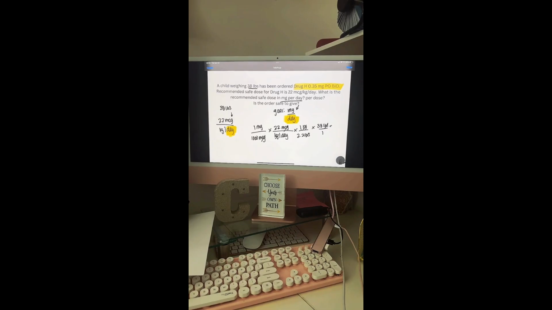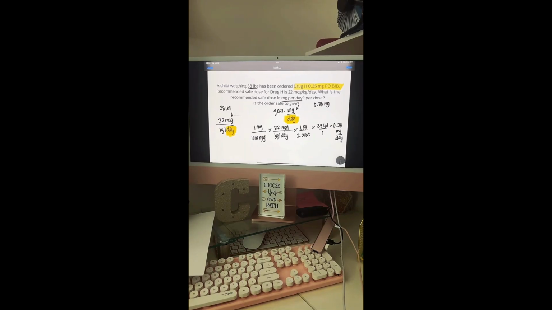So we'll do 22 times 38. Well, 22, that just didn't seem right. Times 38. Okay, I guess it is. Divided by 1,000 divided by 2.2, which is going to be 0.38 milligrams per day. Okay, so that's the answer for the milligrams per day.